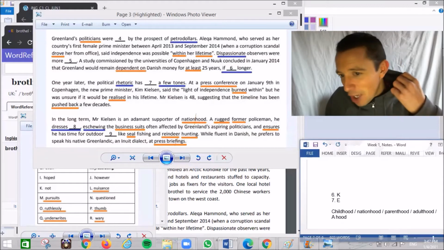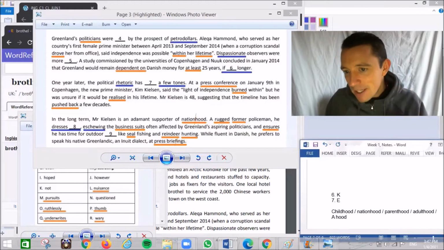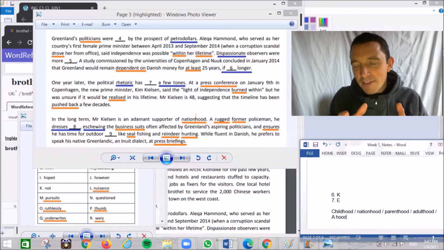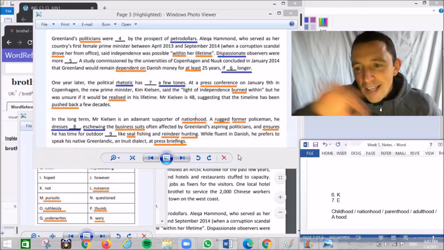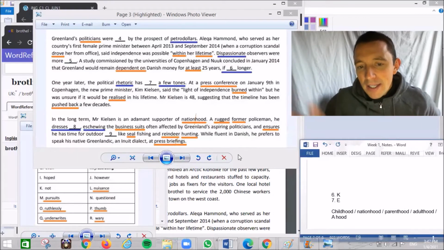So for example, this is a hood, and it's the same. The childhood are the years, the años, the years you're a child. So for example, 10, 11, 12, they're your childhood, because the capucha covers the time. And it's the same concept with nationhood, parenthood, adulthood. It's something that's contained by the hood.